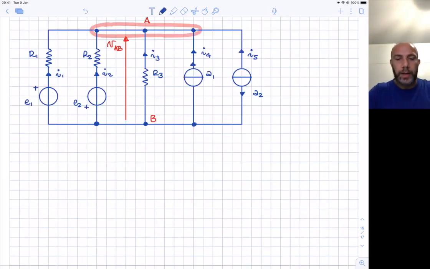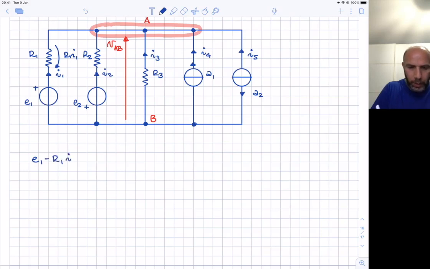If we want to calculate the current I1, we can apply Kirchhoff voltage law at the first branch, where the closure of the path is made by the voltage VAB. So, considering that the voltage drop across the resistance R1 is R1 I1, we can write that E1 minus R1 I1 minus VAB is 0.